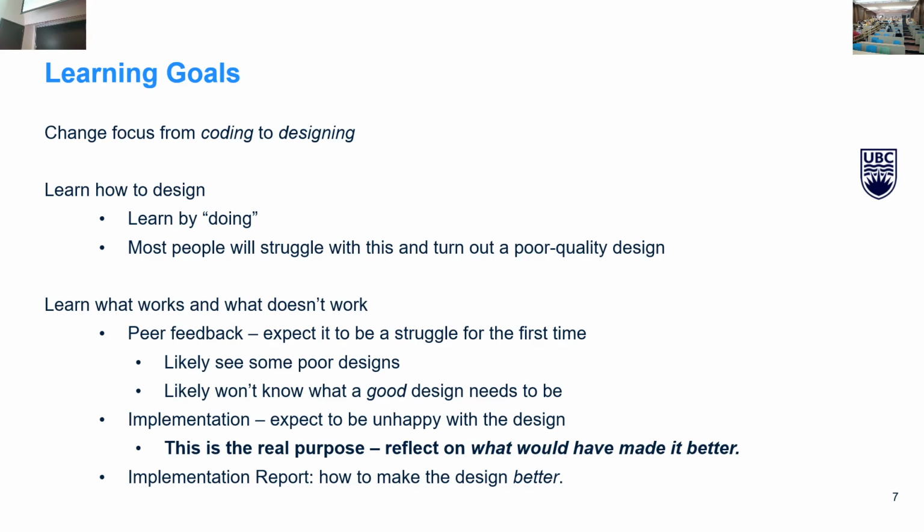So if you wanted to minimize the amount that you learn and you just decide you're going to implement your own design, and you decide that you're going to cheat, okay, fine.